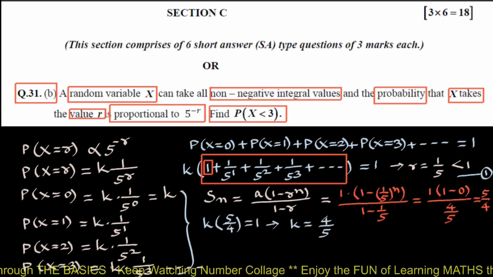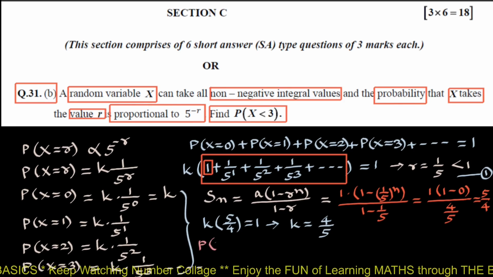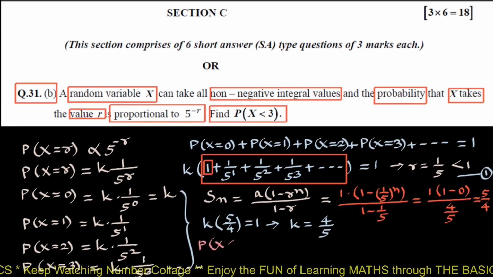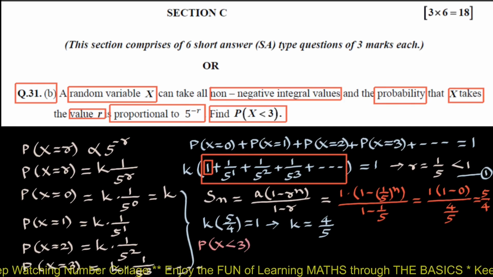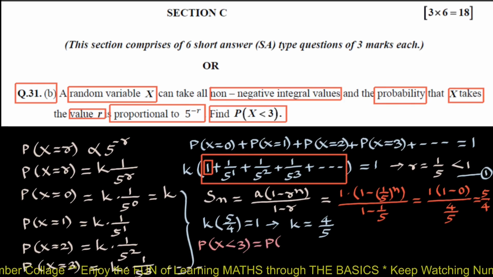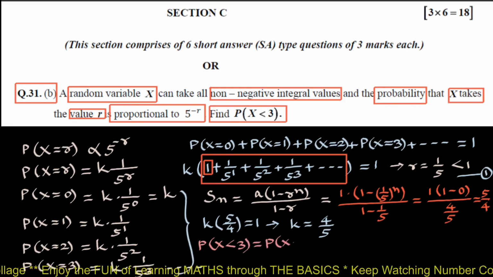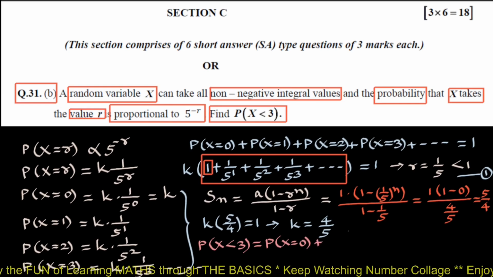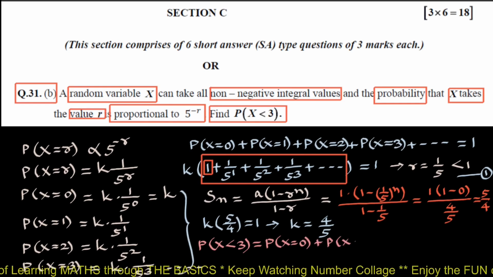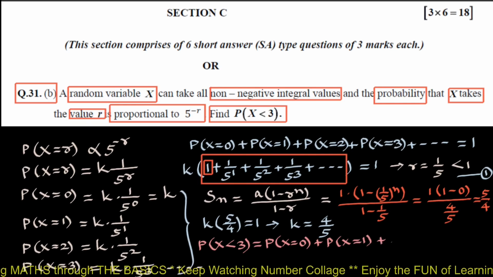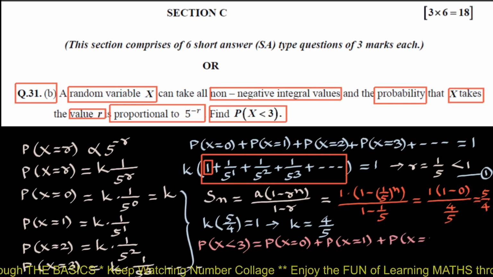Now we have to find probability when random variable x is less than 3. That will be probability when x is 0 plus probability when x equals 1 plus probability when x equals 2.